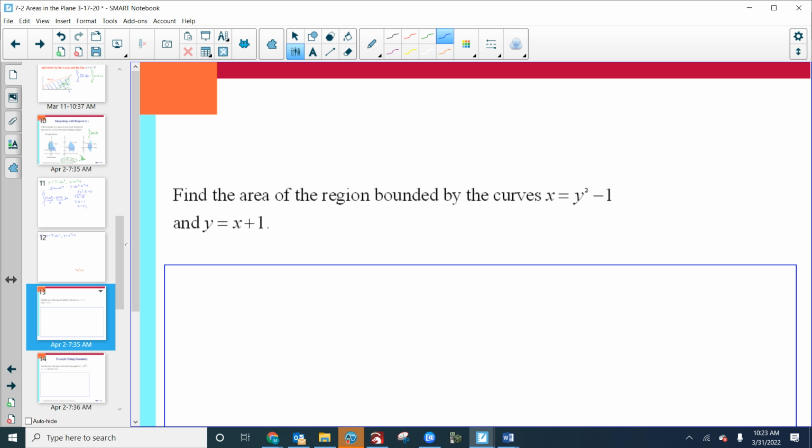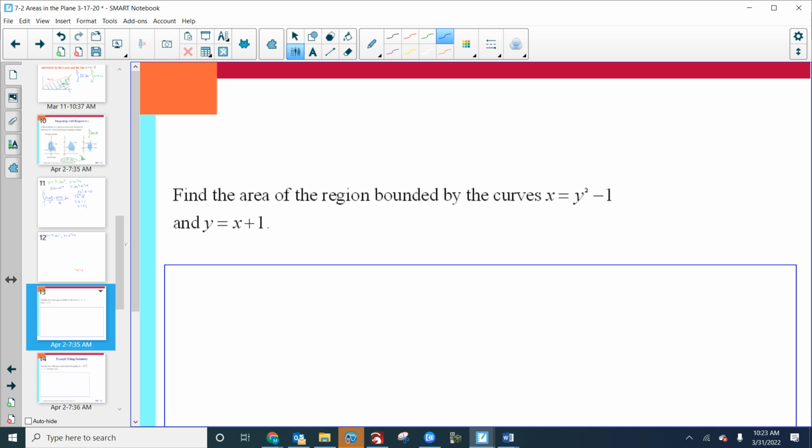What's the problem here? x equals y squared minus 1. What's an issue there? The other one's y equals. You have to make a decision here. To integrate with respect to y or integrate with respect to x? Top minus bottom? Right minus left? That is the question.